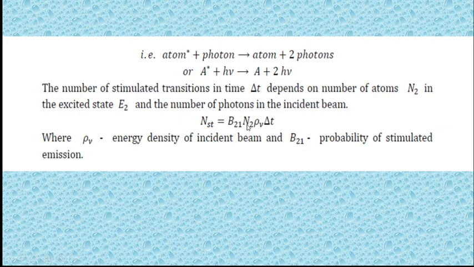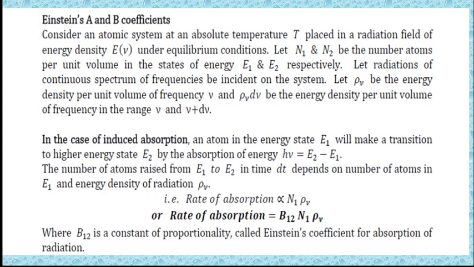N2 represents the number of atoms in the higher energy level. Rho V represents the energy density of incident radiation per unit volume. Delta T represents the time during which the stimulated transitions take place. This is about the stimulated emission of electromagnetic radiation.